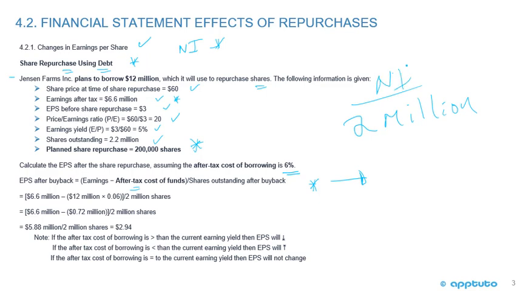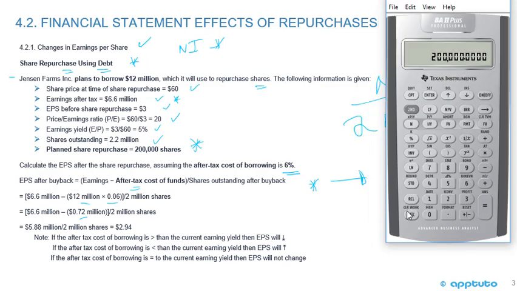It's just the numerator here, we have to make an adjustment. The earnings after tax was 6.6 million, but now we have to deduct the after-tax cost of funds. Okay, so how are we going to do that? The after-tax cost of funds is going to be the 12 million that we're issuing times the 6%. So we can see that's going to be 0.72 million. If I bring up the calculator very quickly, again, 12 million times our 0.06, and you can see that's 720,000.